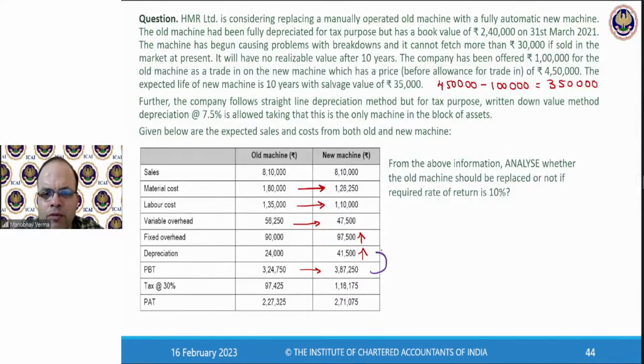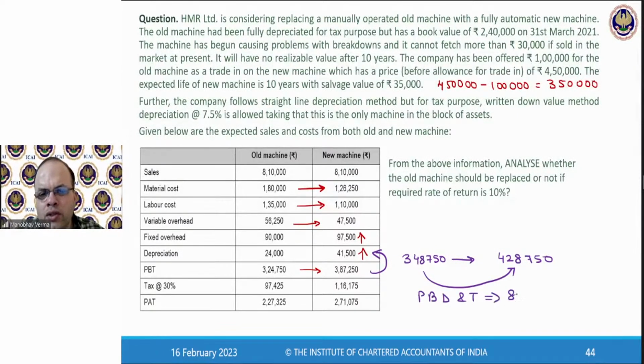Can we add these up? We'll get 348,750, which is increased to 428,750. So before depreciation, profit before depreciation and tax, it's an 80,000 jump. Making sense to everyone?